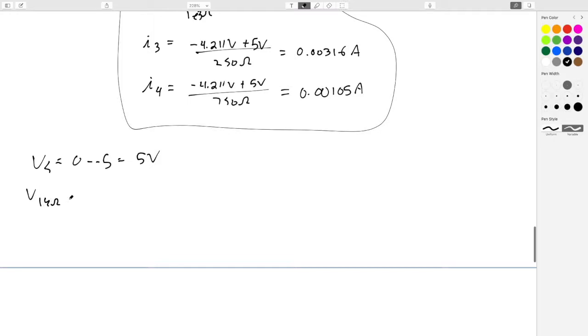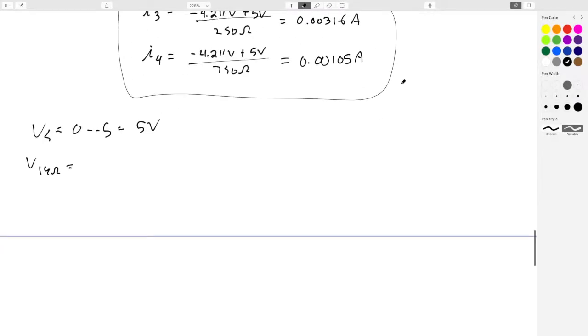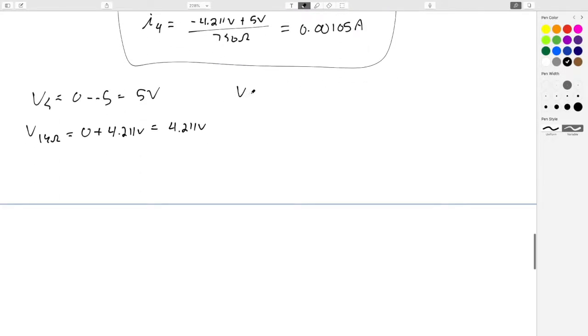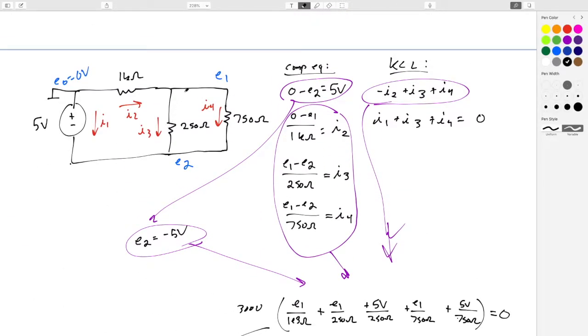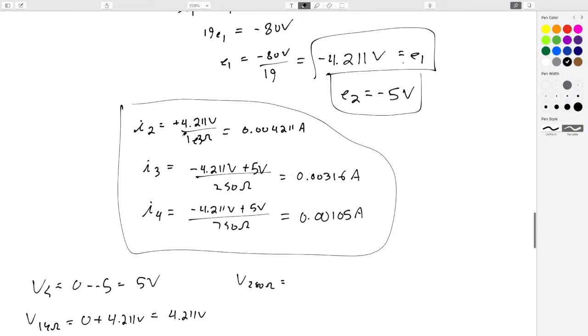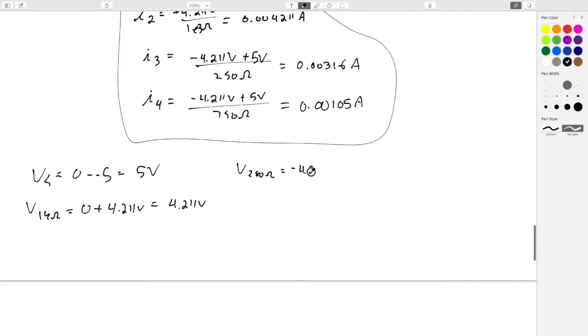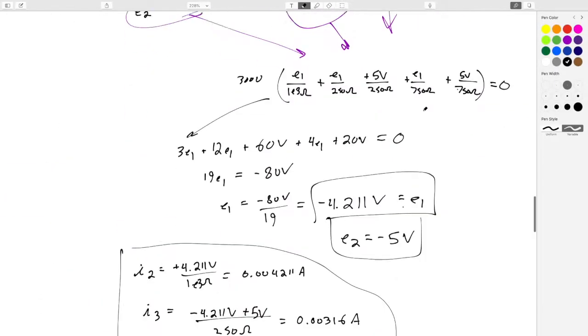V 1 kilo ohm equals 0 minus E1, or 0 minus negative 4.211 volts equals 4.211 volts. We've seen that before. V 250 ohm equals E1 minus E2, or negative 4.211 minus negative 5 equals, what's that end up being? We solved it before, 0.789, yeah.